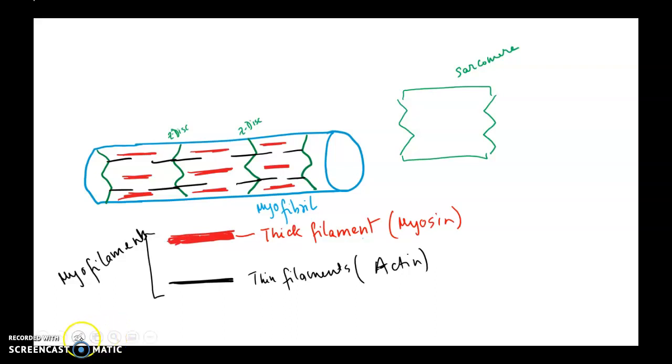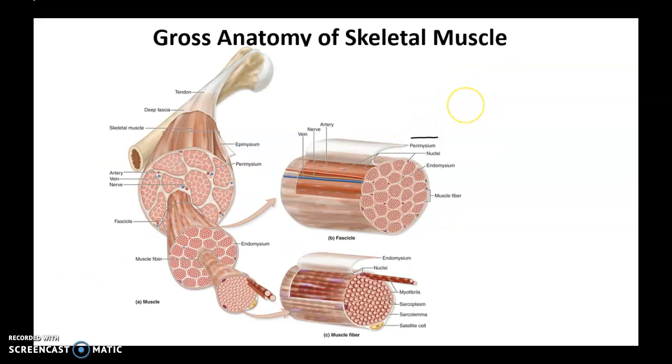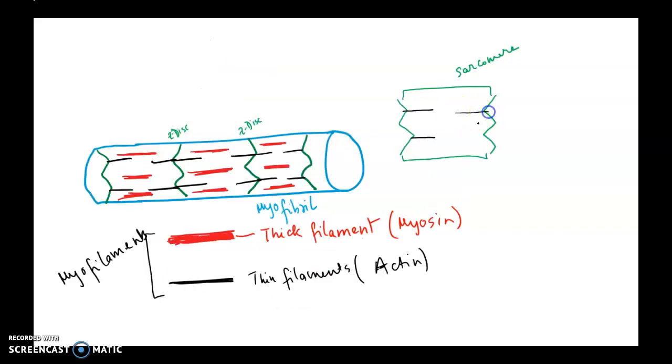So if you look at a sarcomere, you see the thin filaments and the thick filaments organized in a definite pattern, right? So this is how a sarcomere looks.